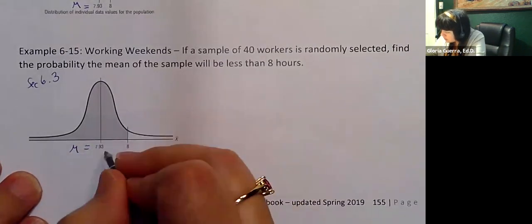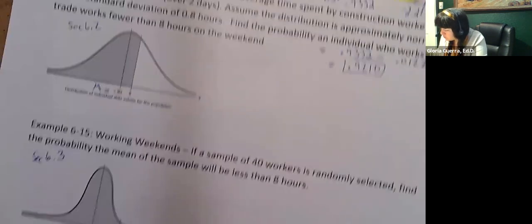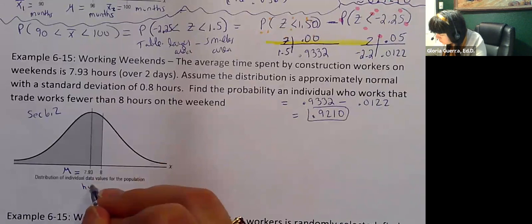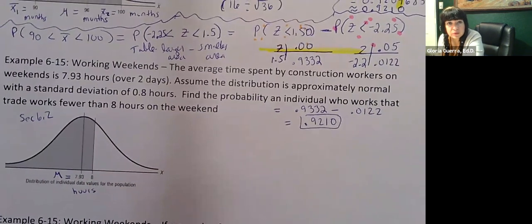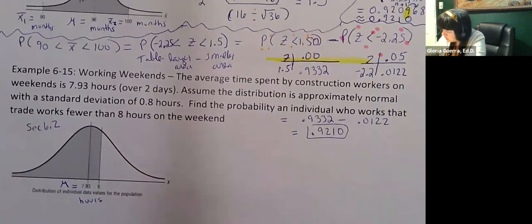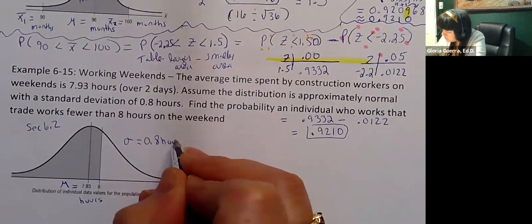7.93, and this is hours. Assume the distribution is approximately normal with a standard deviation of 0.8 hours.